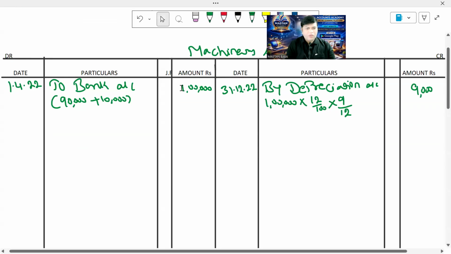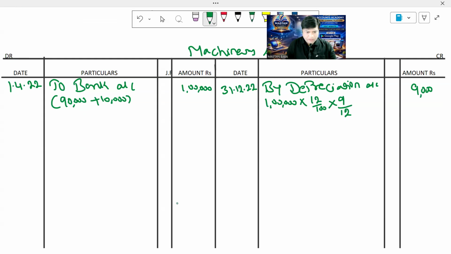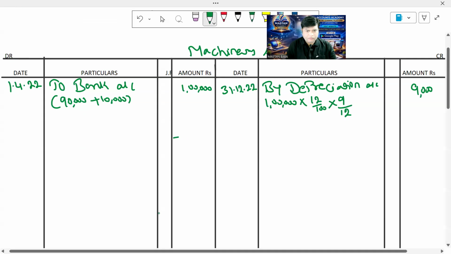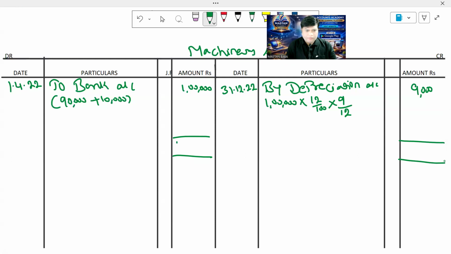Balancing is very simple. 1 lakh minus 9,000, the balance is 91,000, by balance carried down, 91,000 rupees.